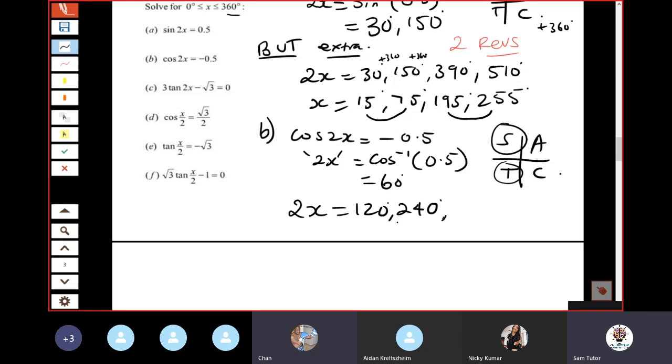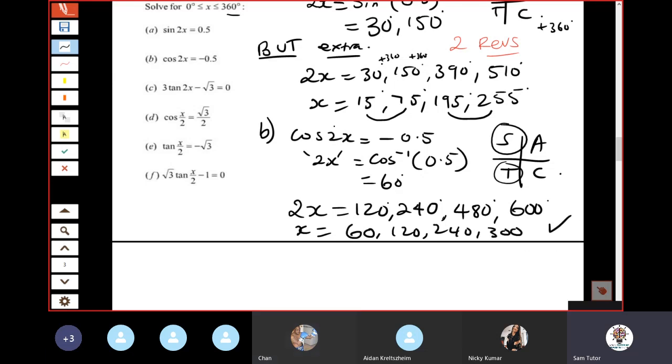So 120 plus 360 is 480, and 240 plus 360 is 600. It looks like we're over, but by the time you divide, you get 60, 120, 240, and 300, and we're back exactly where we wanted.